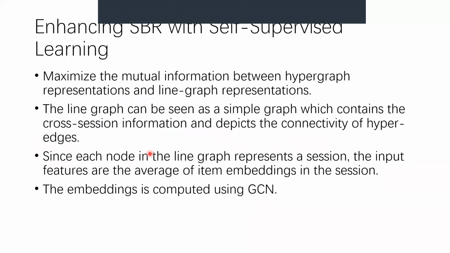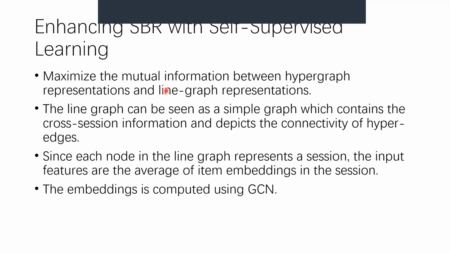The line graph can be seen as a simple graph, which contains the cross-session information and depicts the connectivity of hyperedges. The input features are the average of the item embeddings in the session, and then you use GNN to get the embedding of each node. The embedding of each node in the line graph is the embedding of the session.